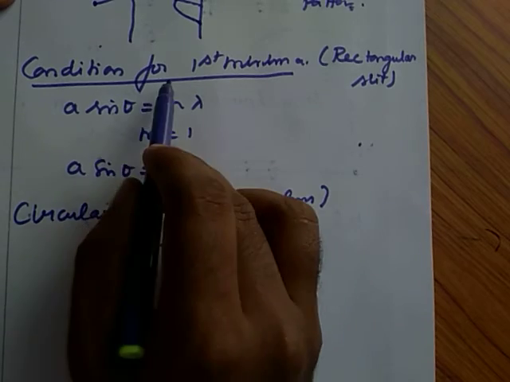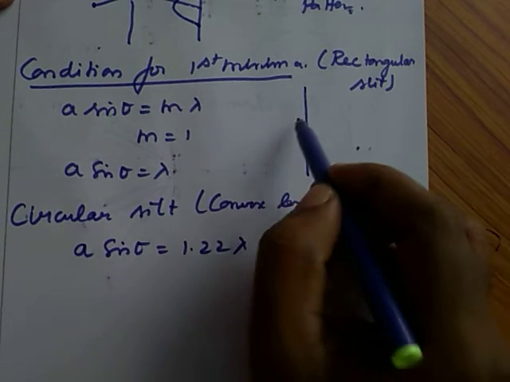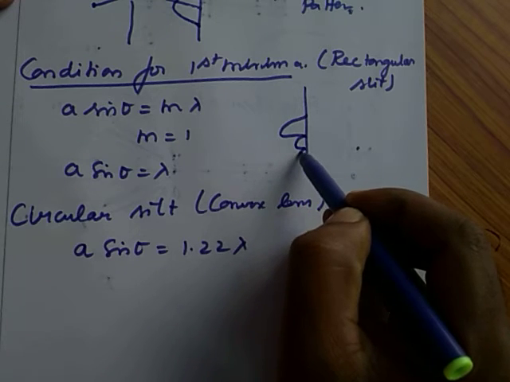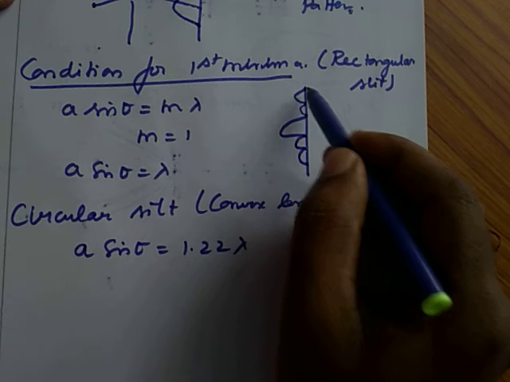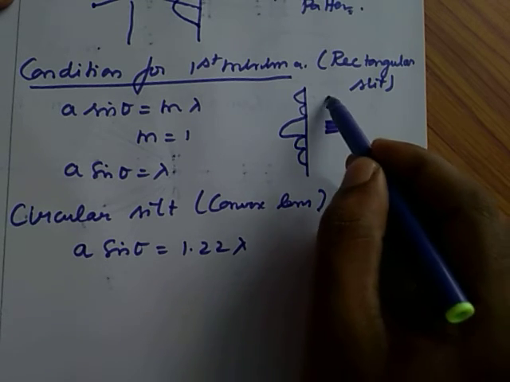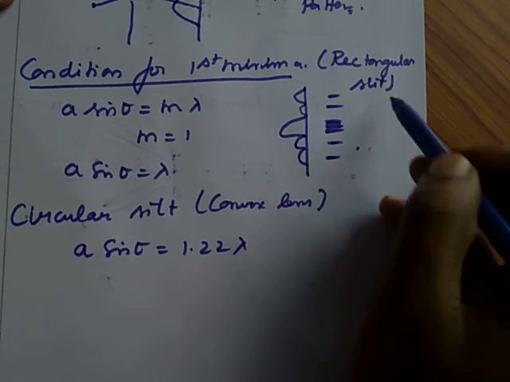In a rectangular slit we get a diffraction pattern like this: central maxima, followed by minima. This is the diffraction pattern obtained in a rectangular slit.